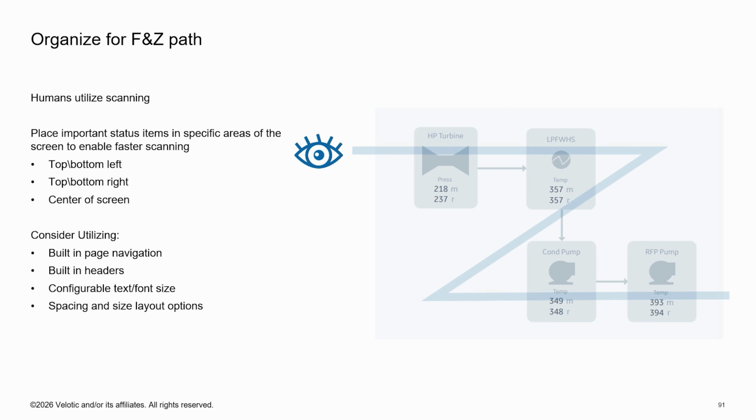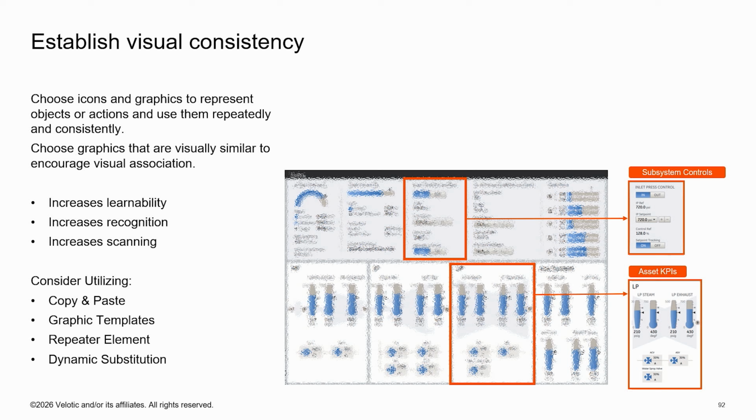You can't control it. It's just the way your eyes work. Then there's the Z method, or the Z path, where you're scanning and then you go back like this. So the F is almost like three little Z's built in. Depending on what you're trying to show that person, you need to design a screen for the different path that their eye is going to take if you want them to know.